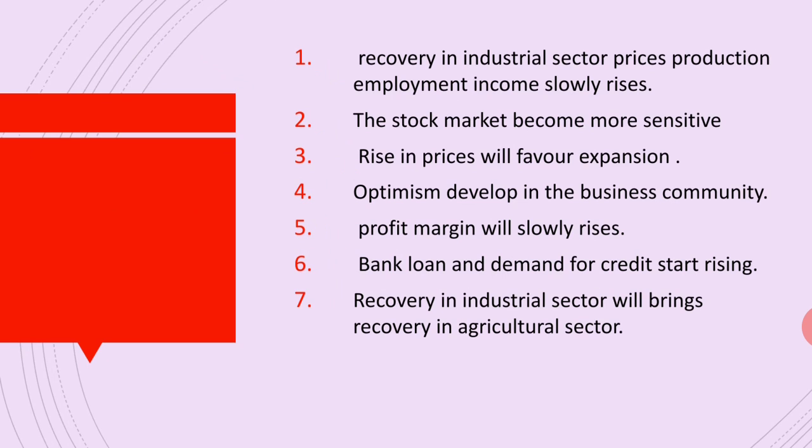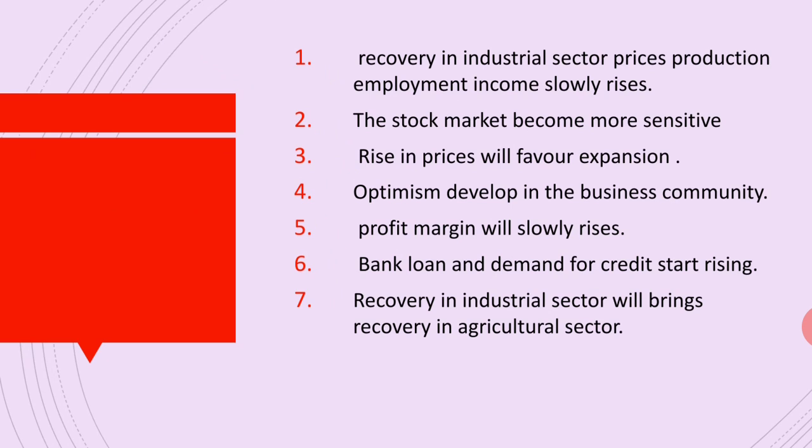Optimism develops in the business community. When all these things are increasing, automatically the interest among the entrepreneur class or producers class increases. They become more and more optimistic towards future economic activities. Automatically strong faith or optimism develops in the business community, no doubt.